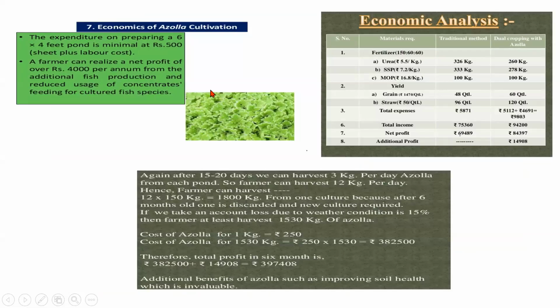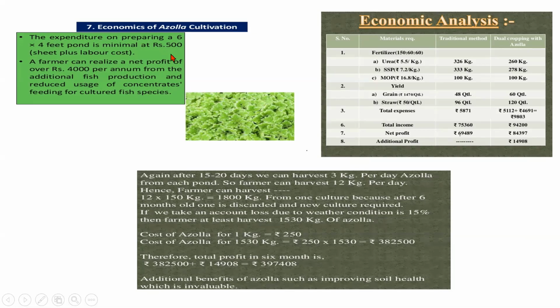So they have worked out the expenditure also. They say you need just a minimum of 500 rupees for preparing the pond. If you have 500 rupees, you can prepare a 6 by 4 feet pond. The net profit the farmer gets is 4,000 rupees for 500 rupees.